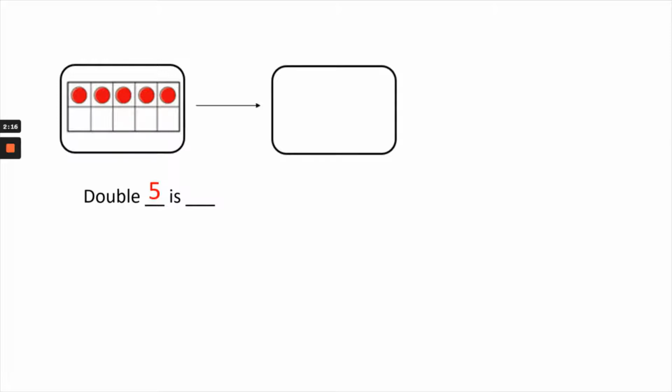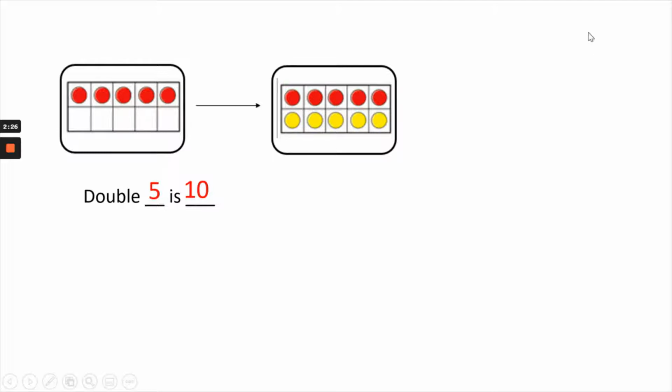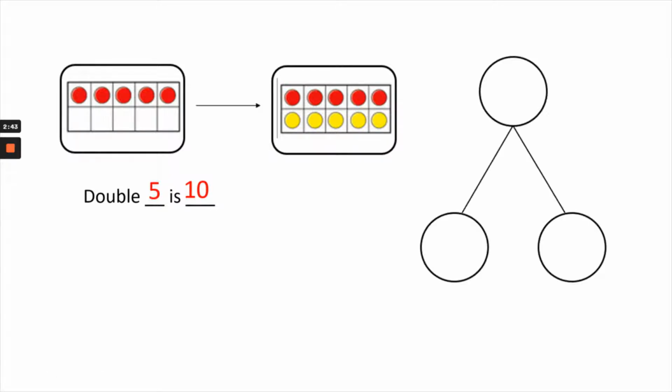So 5 add 5 equals 10. So double 5 is 10. And the 10 frame represents the two equal groups of 5. We have our first 5 red counters, and we have doubled it using the yellow counters to show the additional 5 that we added.